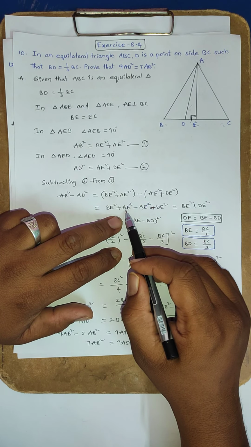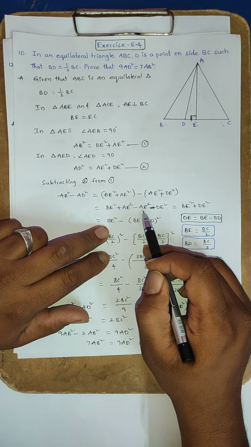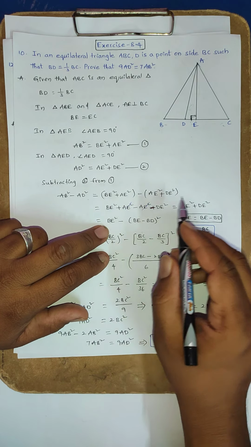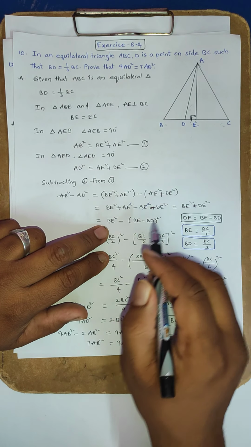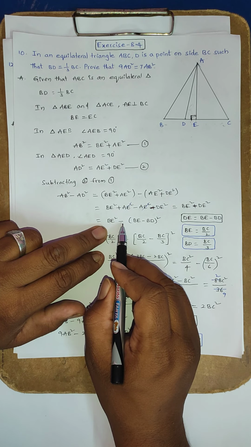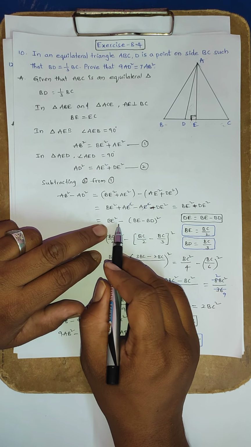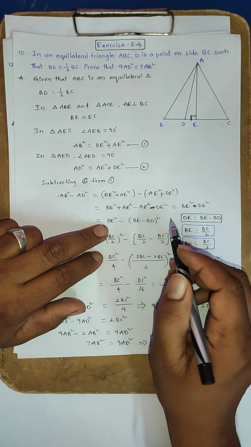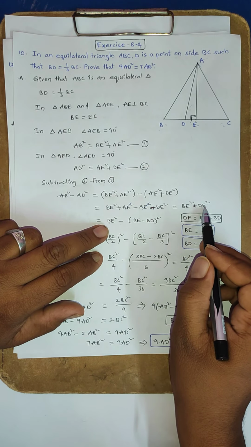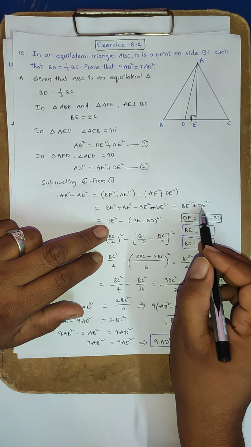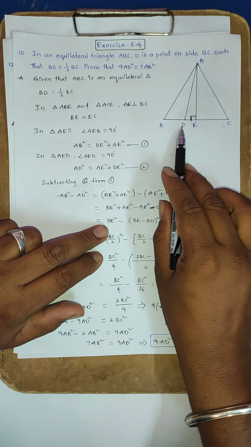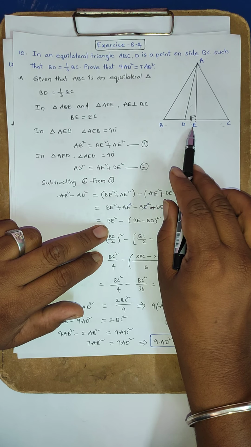The plus AE and minus AE get cancelled. Then remaining BE square minus DE square.